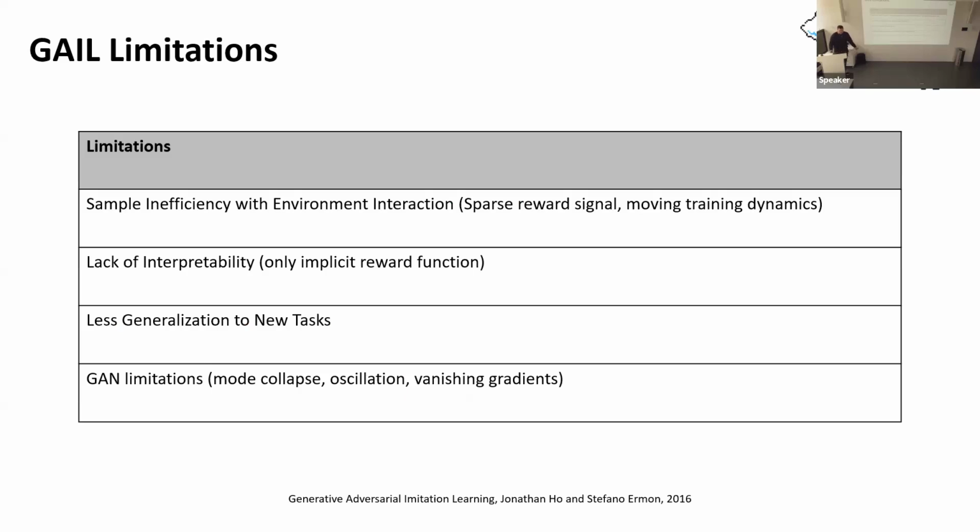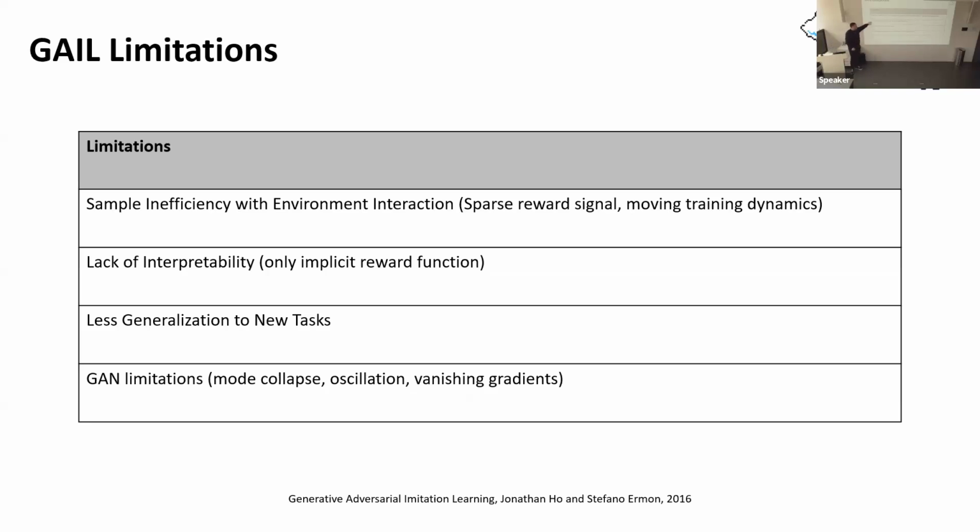Still, GAIL has some limitations. For example, it's not very sample efficient. Because we have to train this discriminator, we have a very sparse reward. And because the discriminator, so the reward signal, changes over time, we have what's called moving training dynamics. So the reward is not fixed.